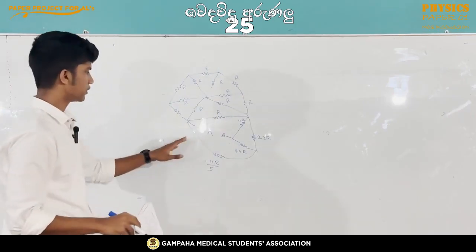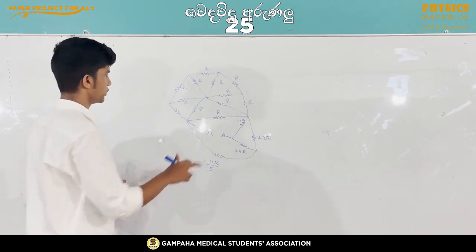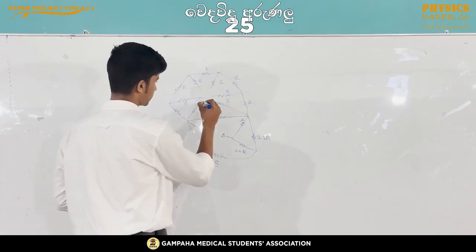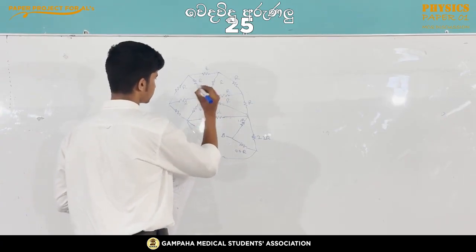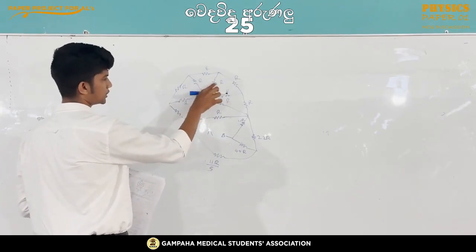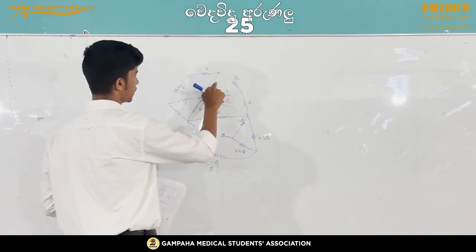Since an equal amount of current passes through the entire circuit, we can break the circuit here, then draw these wires separately as loops. Then starting from here, we can see that these two resistors are in series. Then the addition will be 2R.